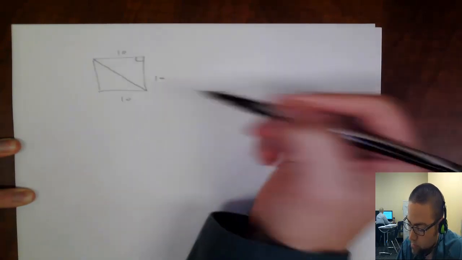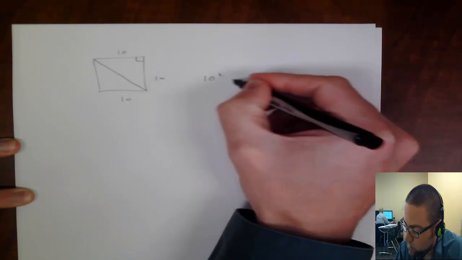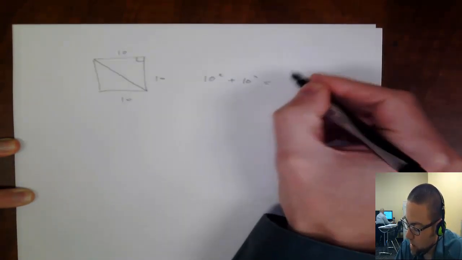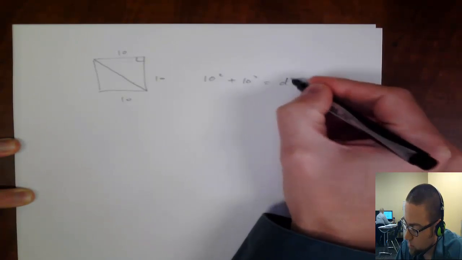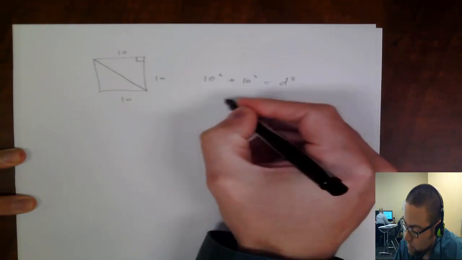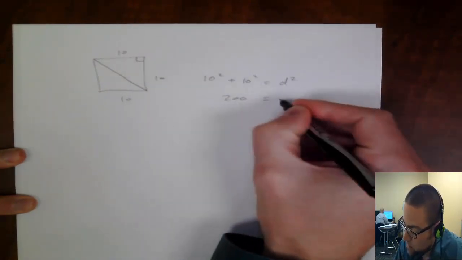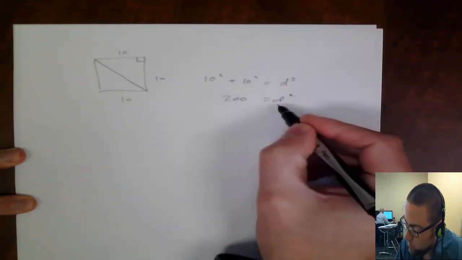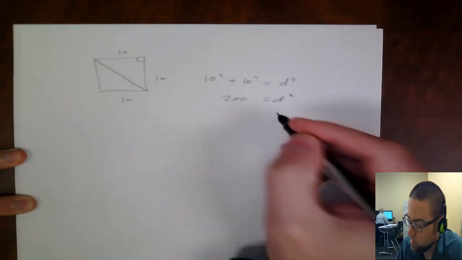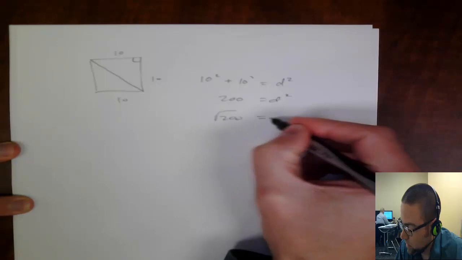So we have a squared plus b squared equals c squared, or the two legs squared add up to the square of the hypotenuse, so we'll call that d squared. So 10 squared is 100, plus 100 is 200, equals d squared. And to find what number times itself is equal to 200, I could take the square root. So the square root of 200 equals d.